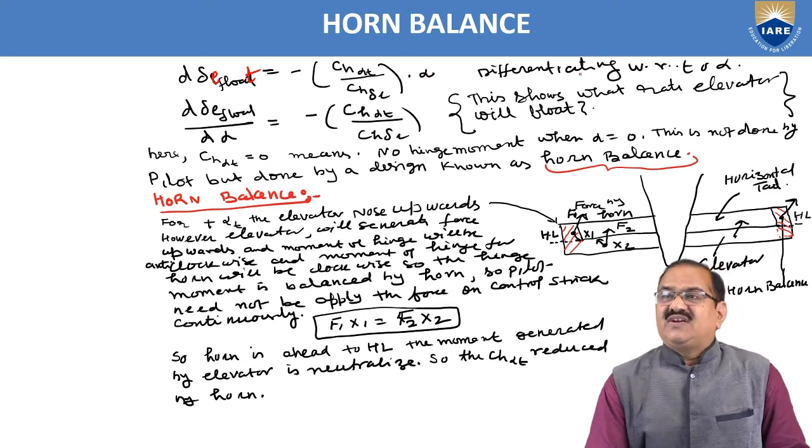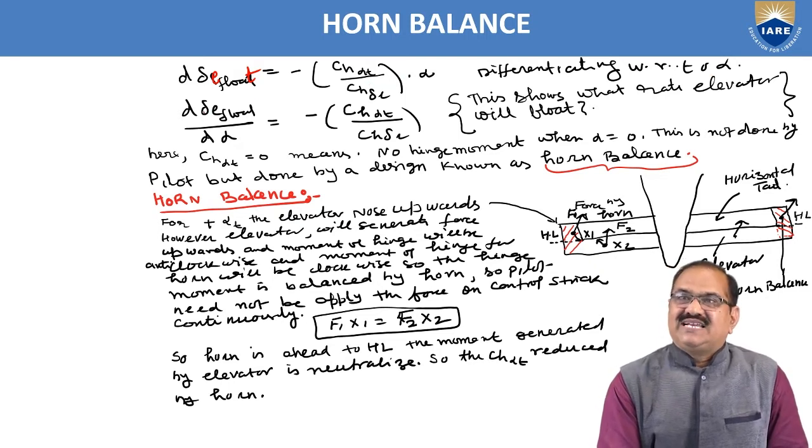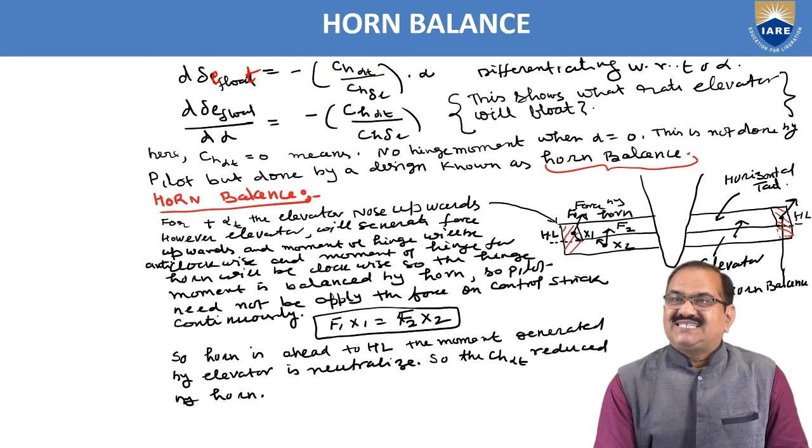So if we differentiate this equation with respect to alpha, we will get d delta E float by d alpha is equal to minus CH alpha T by CH delta E.